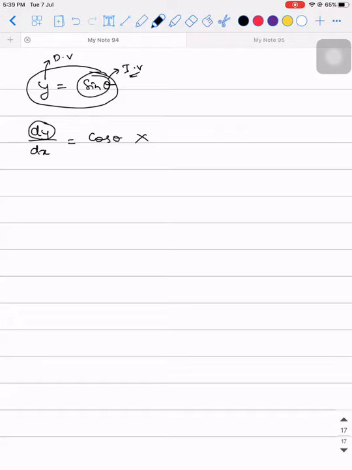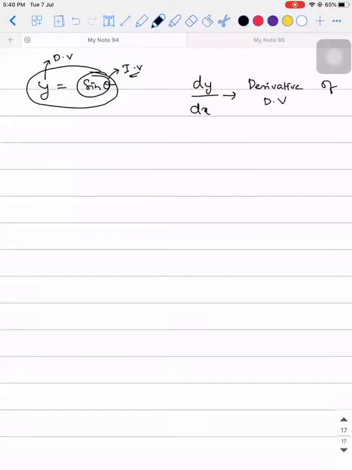So this is a very common mistake which people make because this point is lacking. You need to understand one thing. What is the meaning of dy by dx? Derivative of the dependent variable with respect to the independent variable.